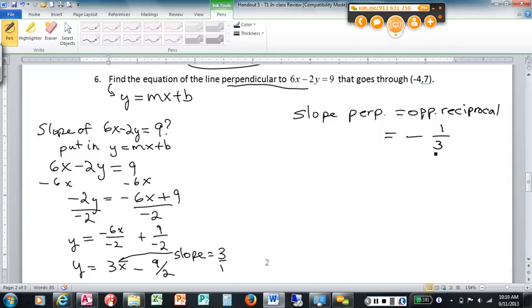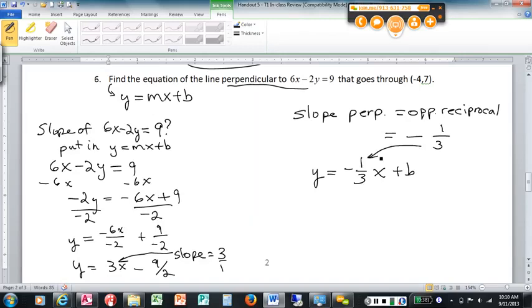So that tells me on my line I want y equals negative 1/3 x plus b. So far, okay? So I want my slope to be negative 1/3 for m.